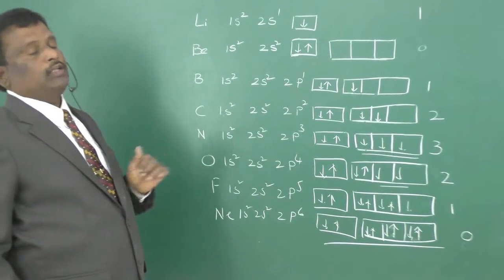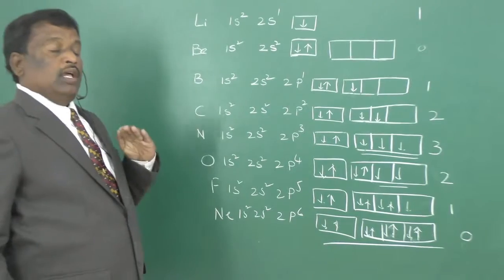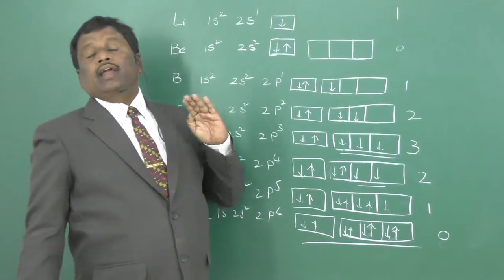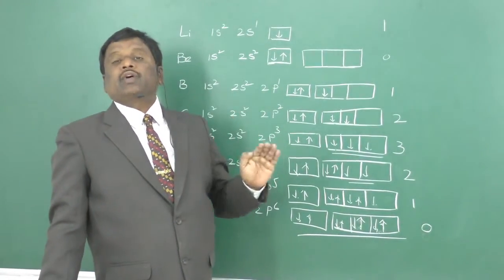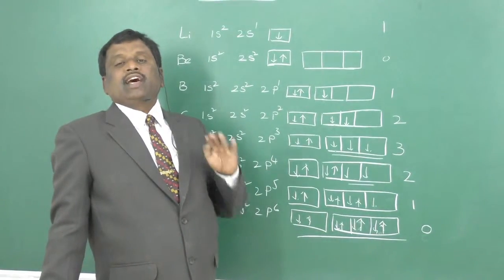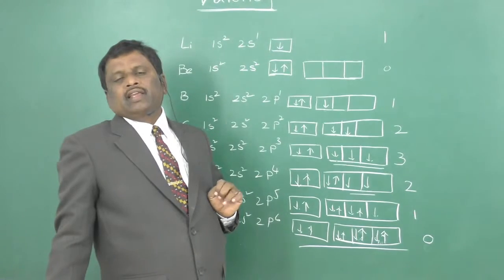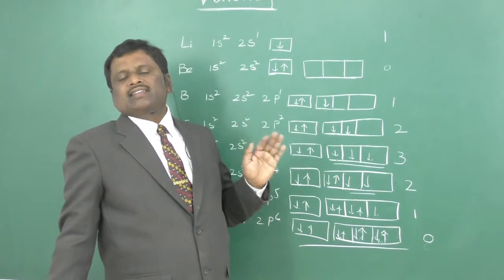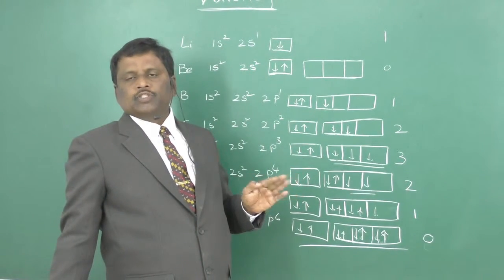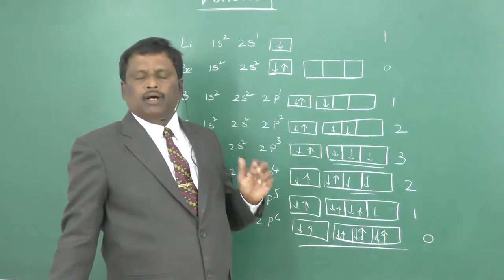By default, the valency of any element will be equal to its unpaired electrons. If no unpaired electrons are there, the valency is considered as 0. 0 valency means they will not form any bonds.